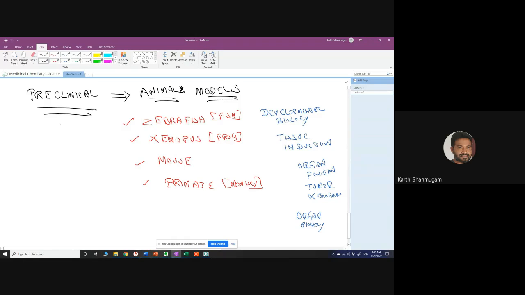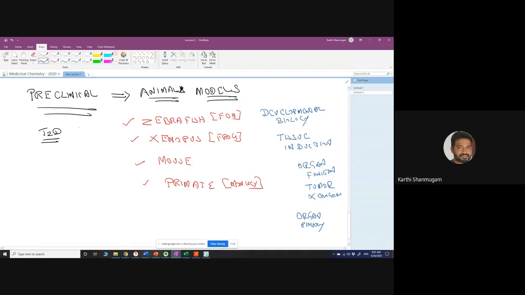So what we normally do is, say for example, let's say that your company is working on type 2 diabetes, right? So you want to discover a drug molecule for type 2 diabetes. That's the intention of your drug discovery project.